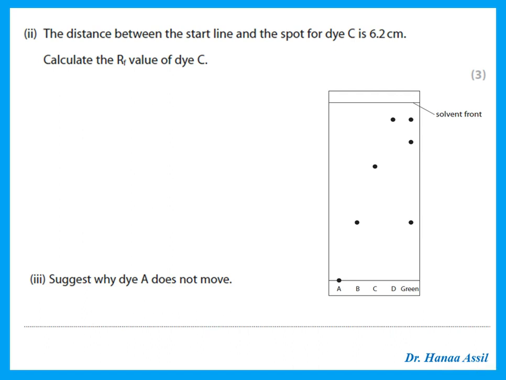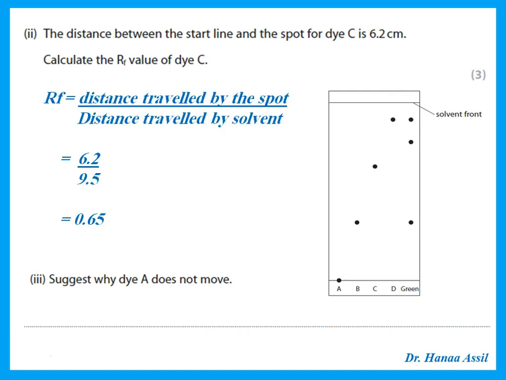Then it says the distance between the start line and the spot for dye C is 6.2 centimeters. Calculate the RF value of C. First of all, how do we calculate RF value? You should know that RF value is the distance traveled by the spot over the distance traveled by the solvent. It already tells me that the distance traveled by the spot is 6.2.